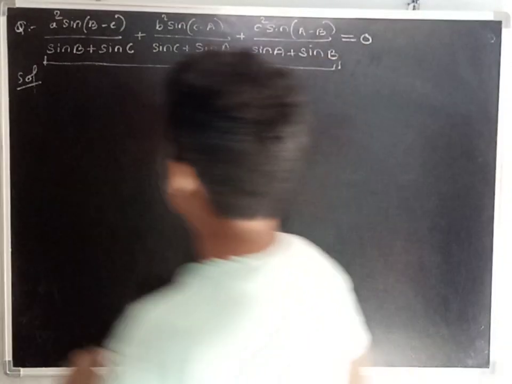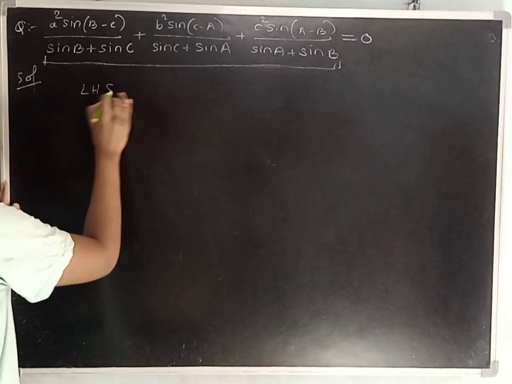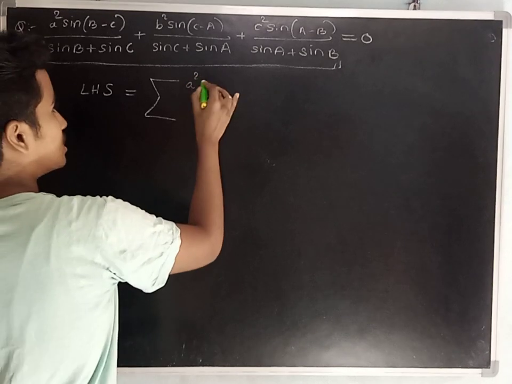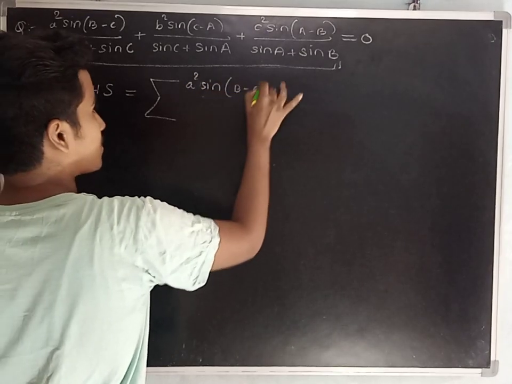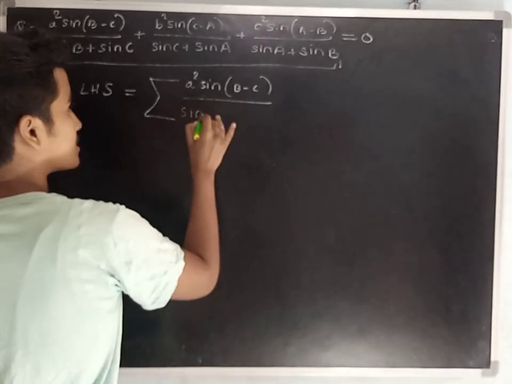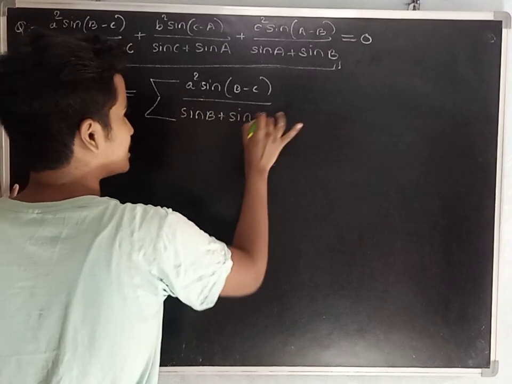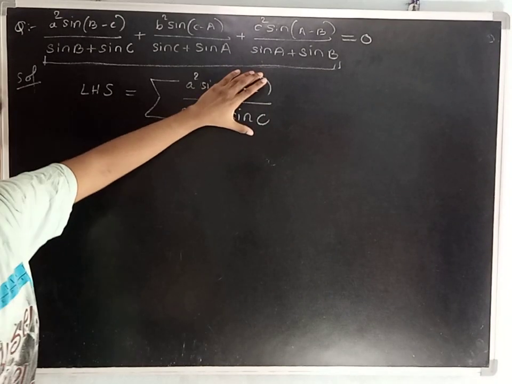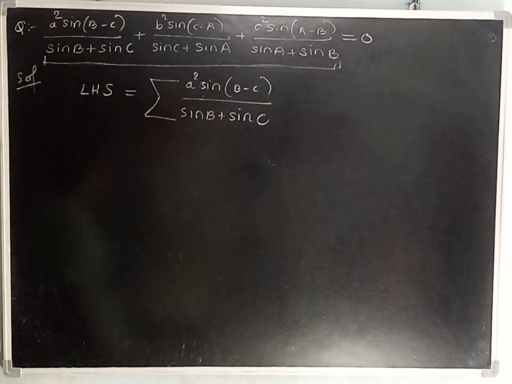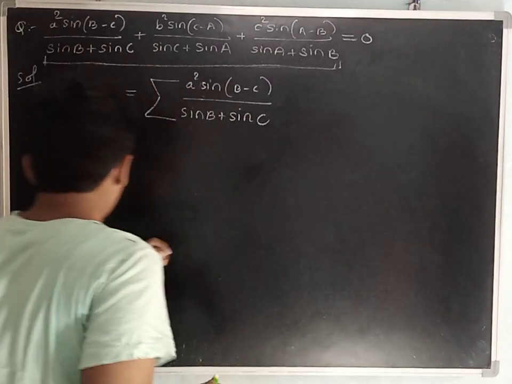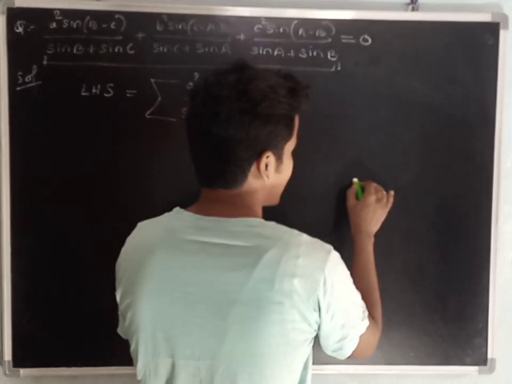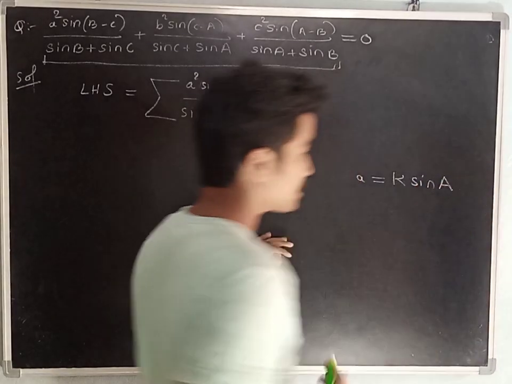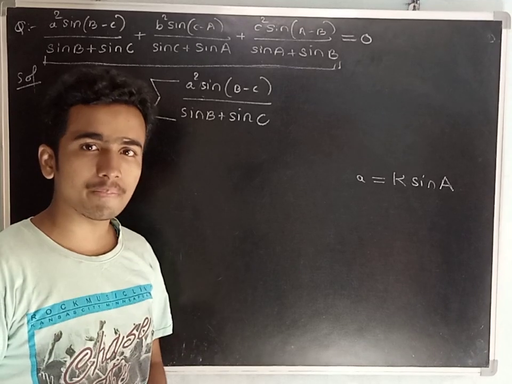In the second method, let me consider the LHS, same notation form: a square into (sin b minus sin c) by (sin b plus sin c). What I am going to do is keep this part stationary and simplify this part. As per the sine rule, a by sin a is equal to b by sin b is equal to c by sin c.